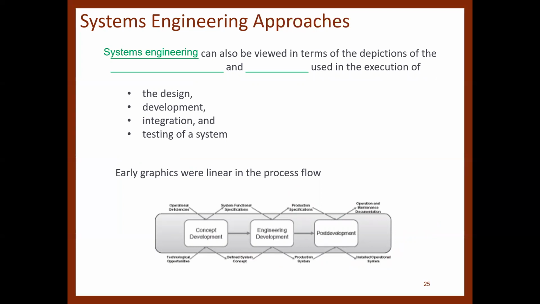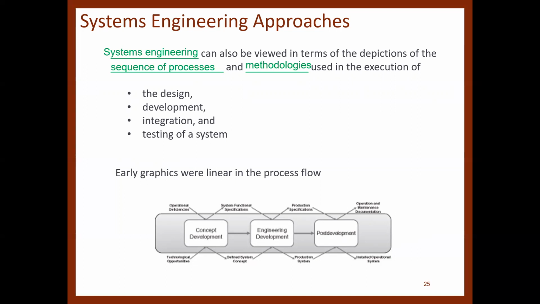Systems engineering can also be viewed in terms of the depictions of the sequence of processes and methodologies used in the execution of the design, development, integration, and testing of a system. Early graphics were linear in the process flow, like the one that we are showing here.